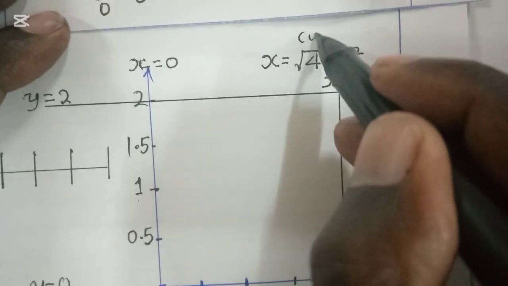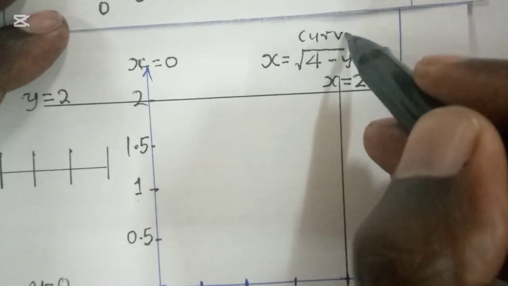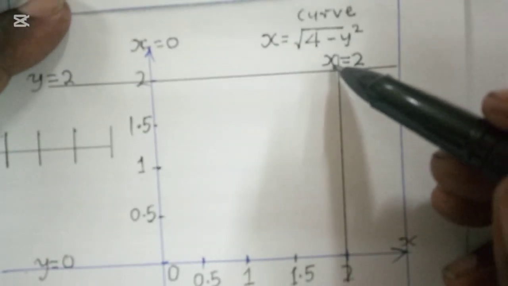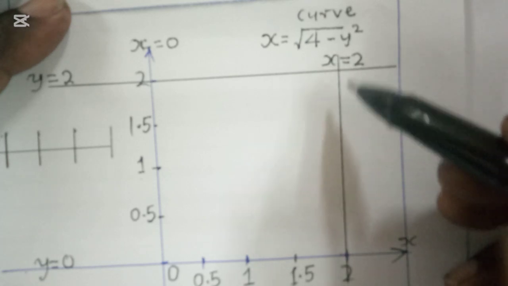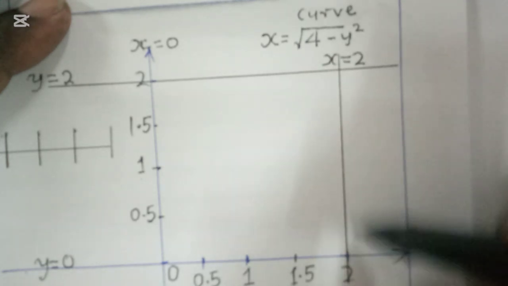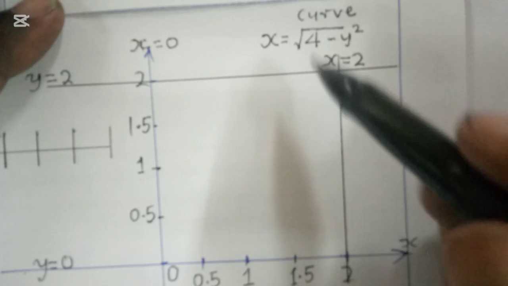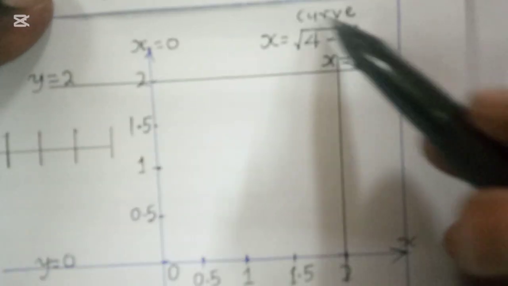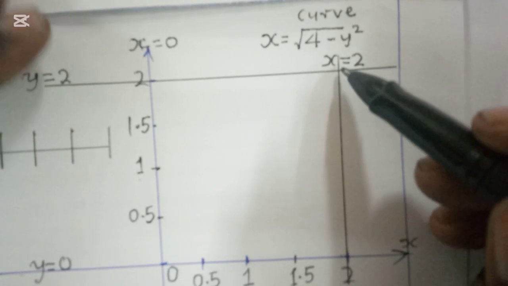This is a curve, but its maximum value is represented by this line x equals 2.